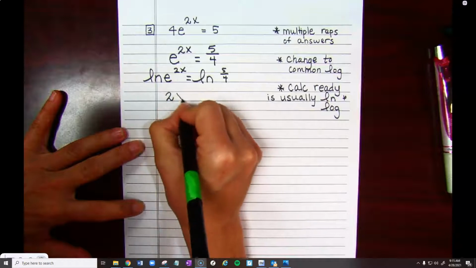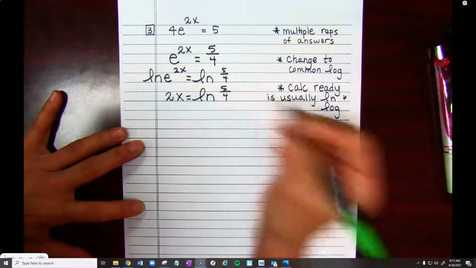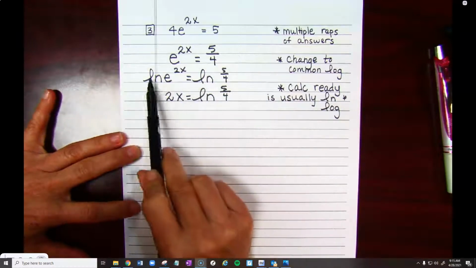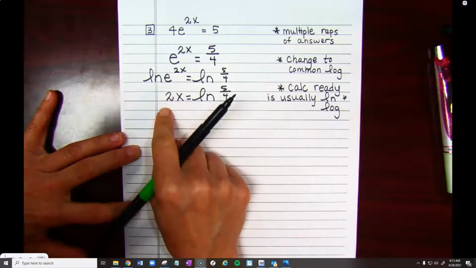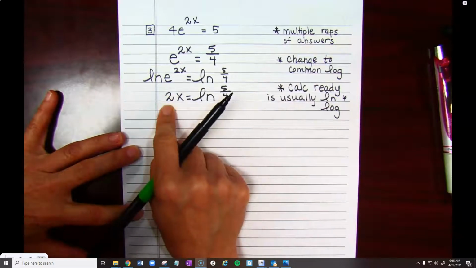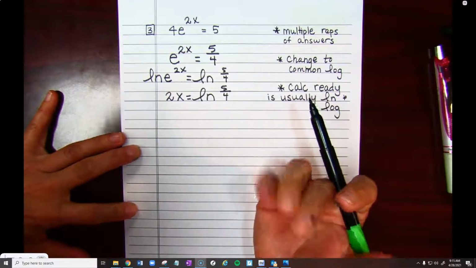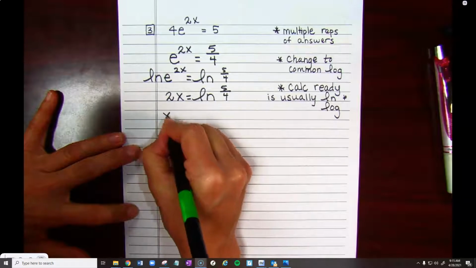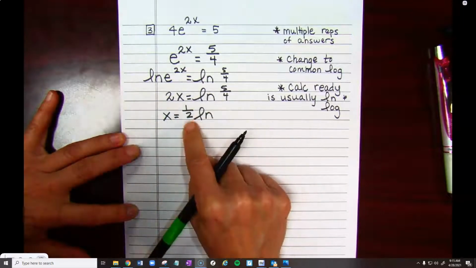So I have 2x equals ln of 5/4. And I misspoke when I said drop the logs. We're just going to cancel that out to a 1. Okay, this is not isolated here. So we're going to have a couple of options. We could divide by 2, of course, but what we're going to do is multiply both sides by a half, because when we multiply both sides by a half, you've got your power property right here.